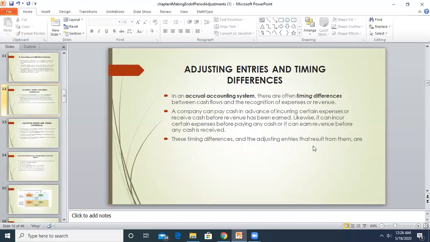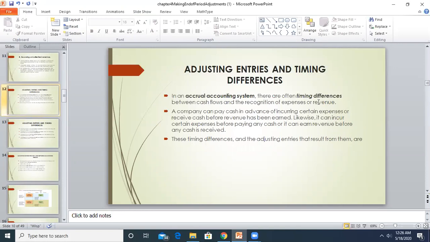Why are we recording at one time and then making adjustments also? This is all because of the accrual accounting system. There are timing differences between the incurrence of something and the actual payment, the cash flows, and the recognition of expenses and revenue.